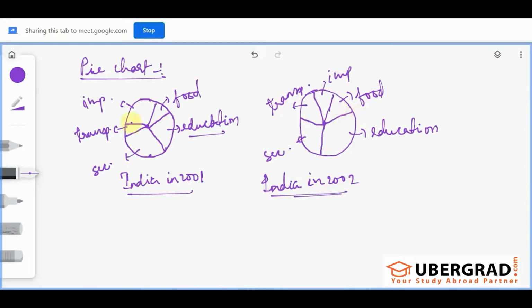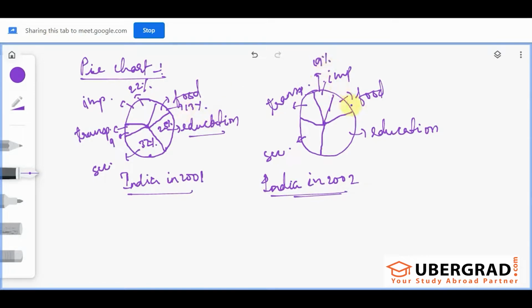Let me give some percentages here. So this looks like around 13%. This will be 25%. This is, let's say, 32%. This somewhere around 9%, and this, that we put it at 22%. Similarly over here, so import has decreased from 22 to, let's say, 19%.